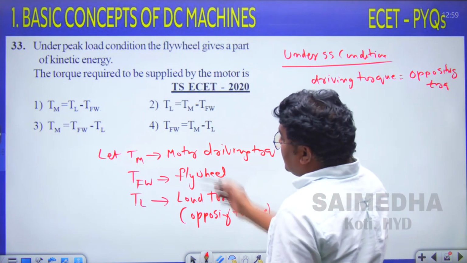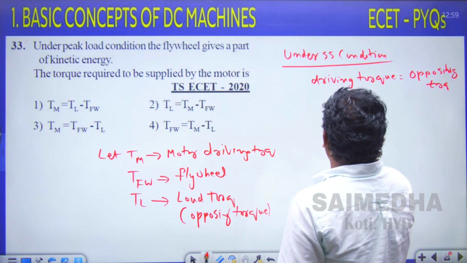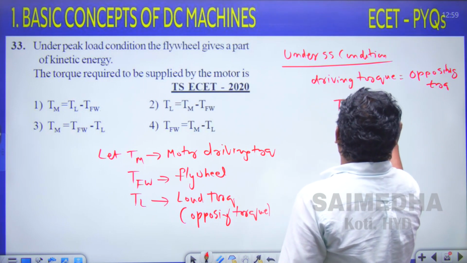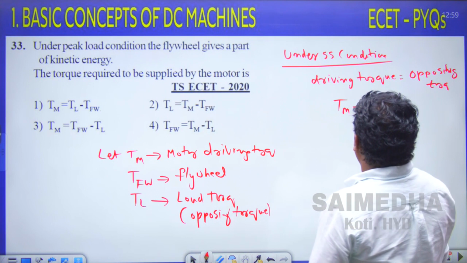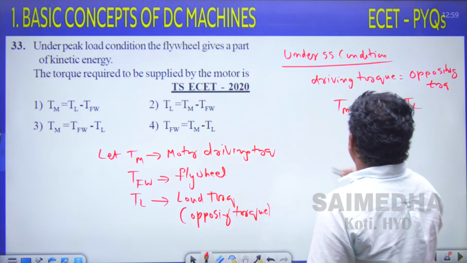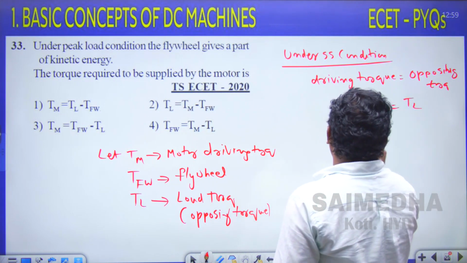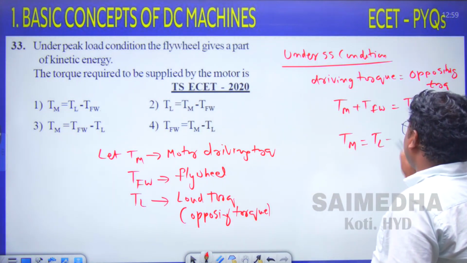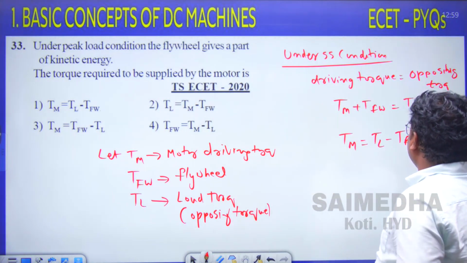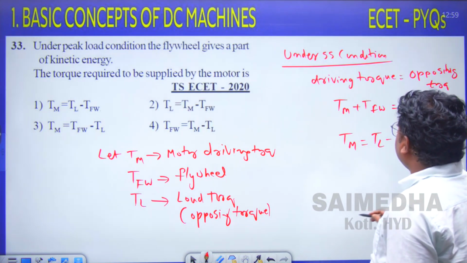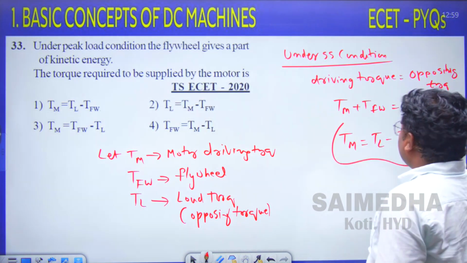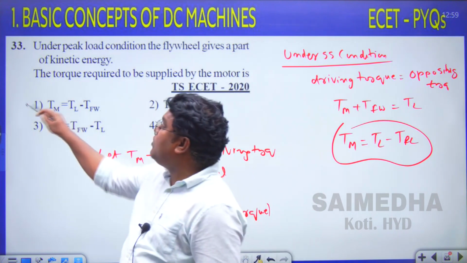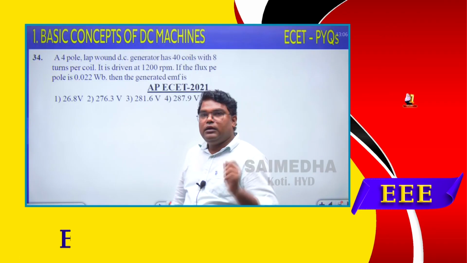So what is the driving torque of the motor? The motor torque plus the flywheel torque, and that is equal to TL. So the motor torque is equal to TL minus Tfw. So option 1 is correct for this question.